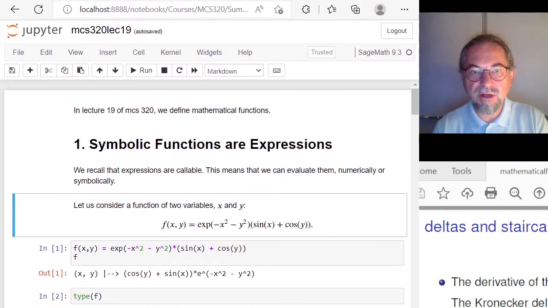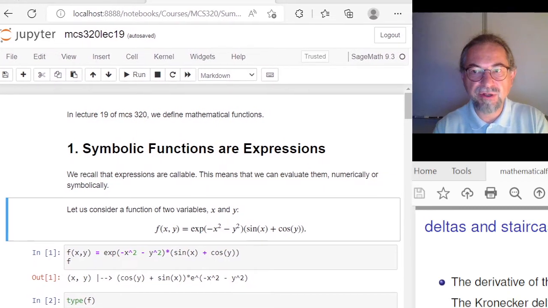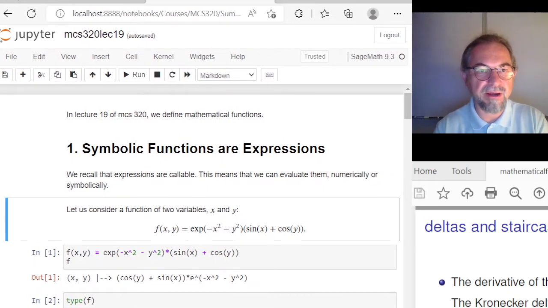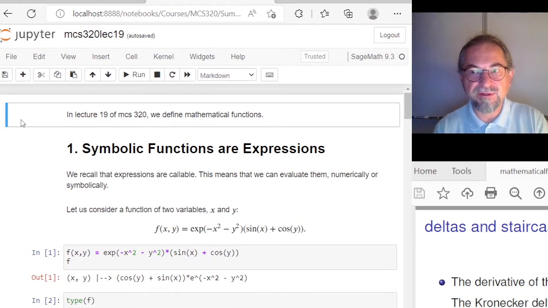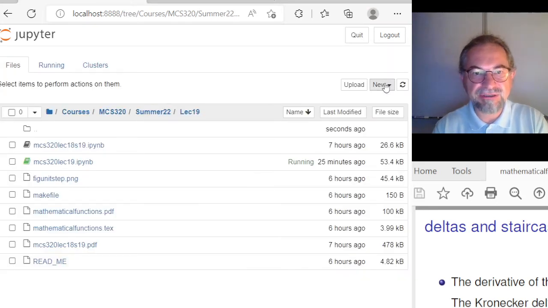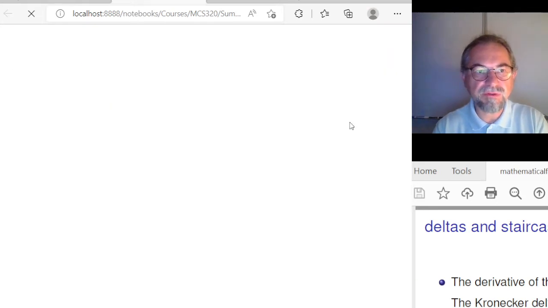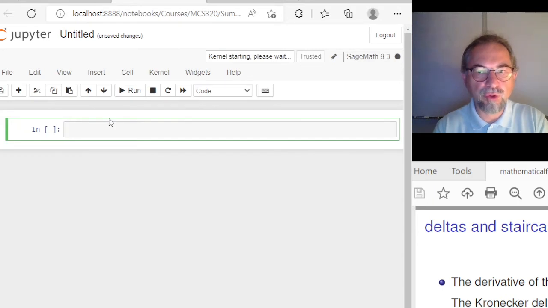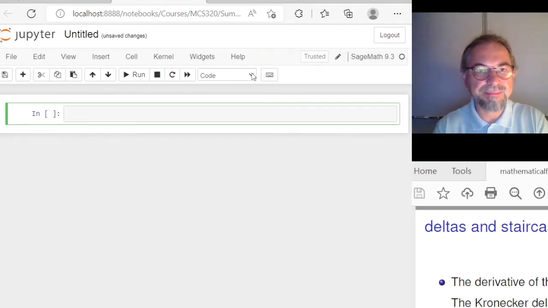Okay, so I have prepared a Jupyter notebook, and if I get stuck, I will go to this notebook, but allow me to start from scratch. So I will make a new notebook and build up what I want to explain step by step.